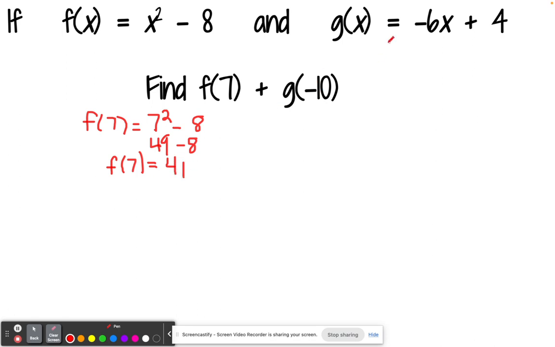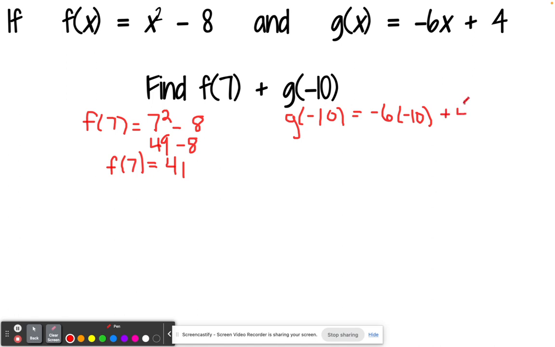Now g of negative 10, going back to this one, g of negative 10 will equal negative 6 times negative 10 plus 4.